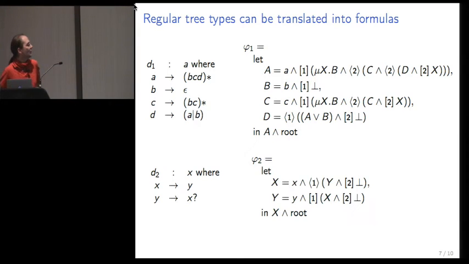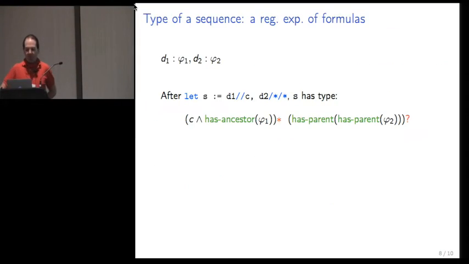So we will have formulas phi1 and phi2 describing our two input documents. And then to type our sequence, we can compute a regular expression of formulas, using formulas such as ancestor of phi1.